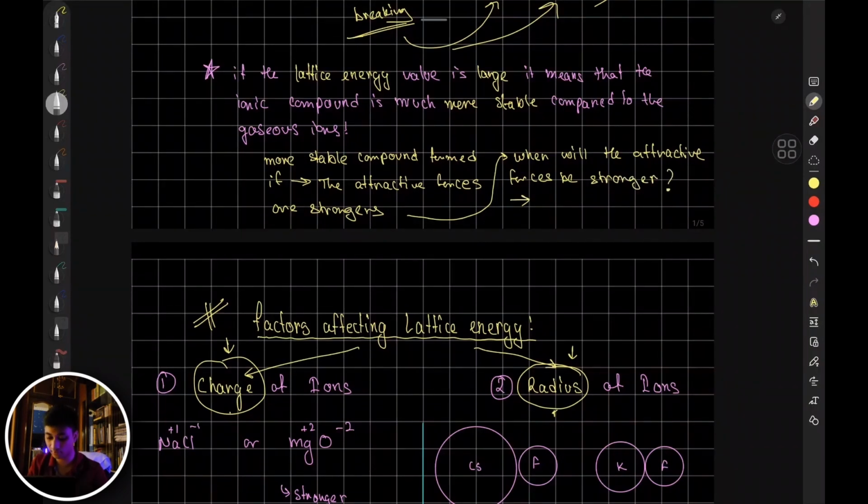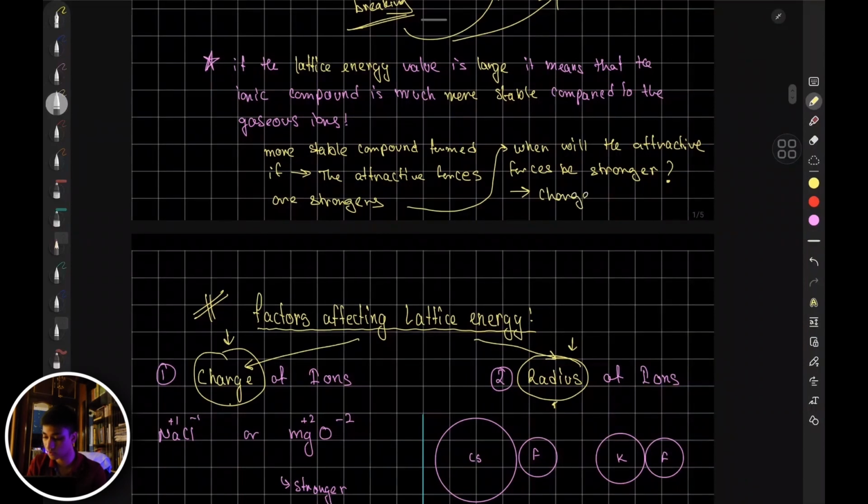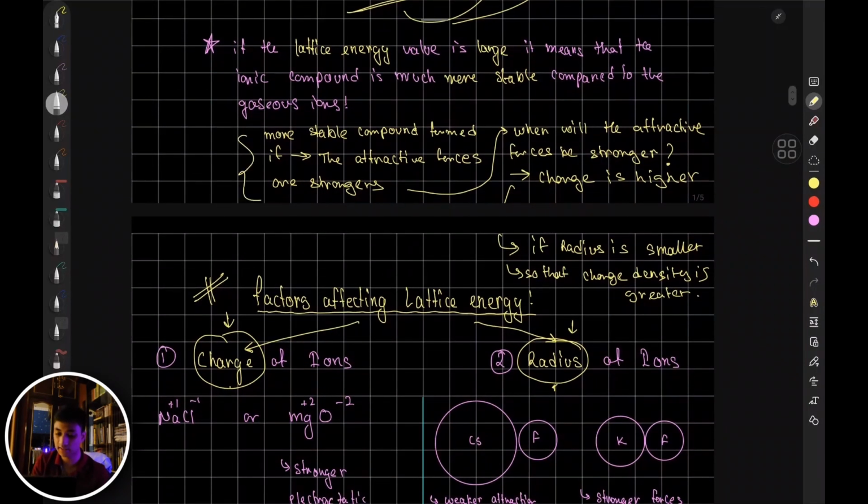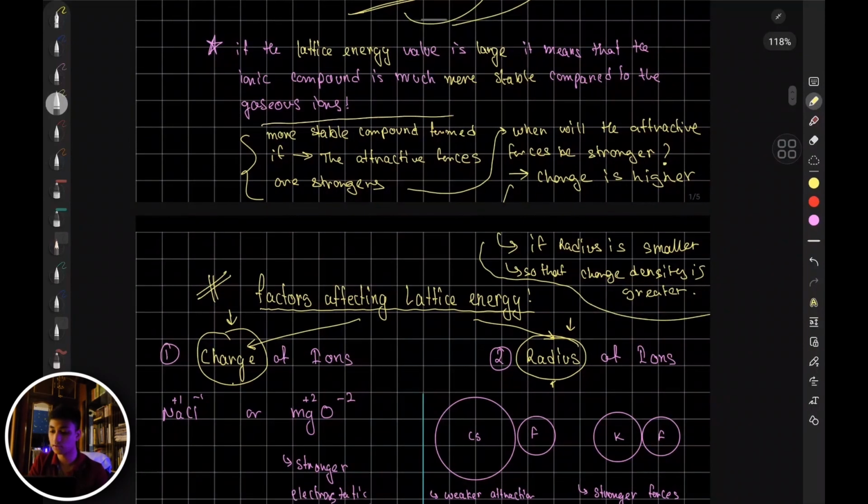If the charge is higher, and if the radius is smaller, so that the charge density is greater. So this is basically the summary, and I'll right now explain what this all means.